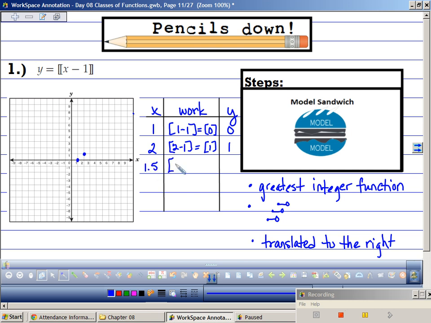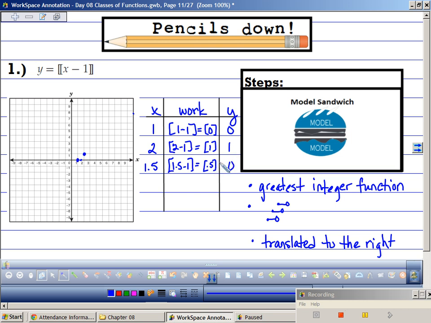If I put in 1.5, I get 1.5 minus 1, which is 0.5. Now, with a step function, am I allowed to be in the middle there? No, so it falls down because it didn't quite reach the next step. So your answer is still 0.